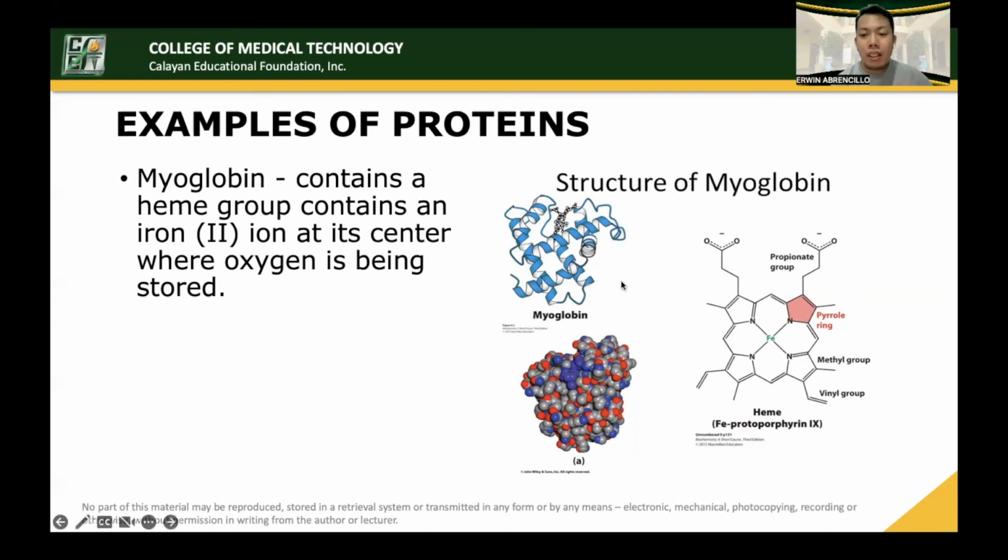On the right side is a zoomed chemical structure of the heme, showing the iron at the center of it. You also have here the methyl group, the vinyl group, and the propionate group, which are all organic compound functional groups.